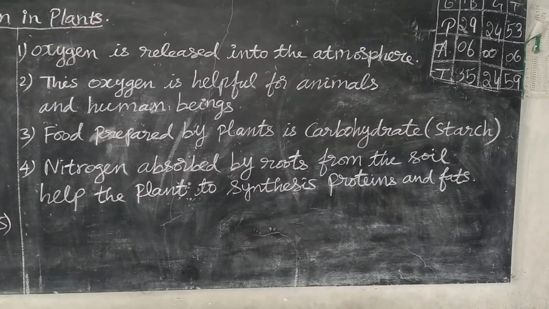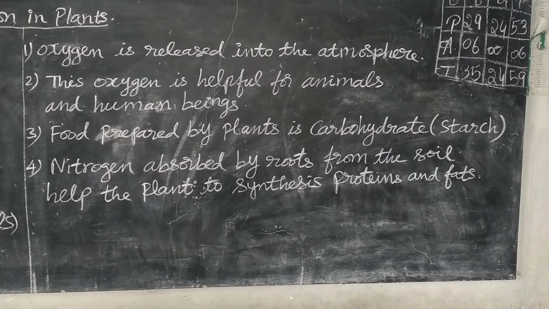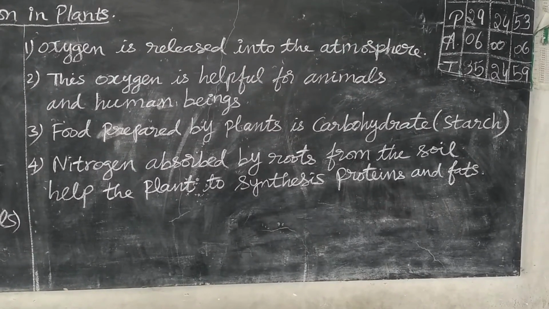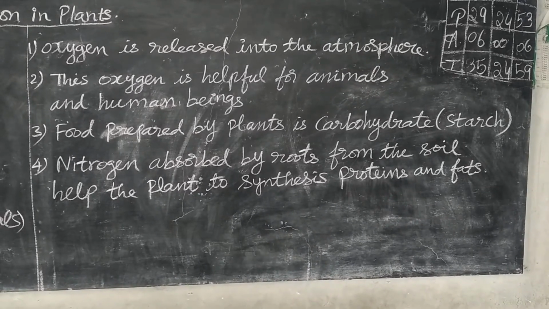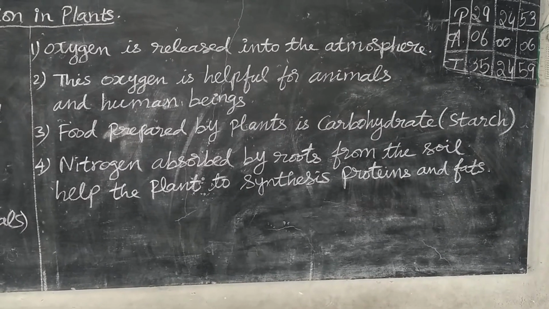Nitrogen is absorbed by roots from the soil. See, after carbohydrate is prepared, plants also prepare protein and fats. How are proteins and fats prepared? With the help of nitrogen.